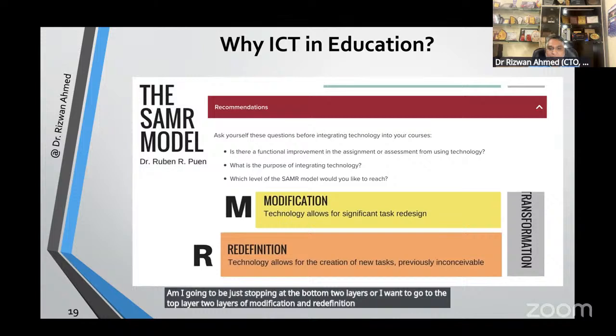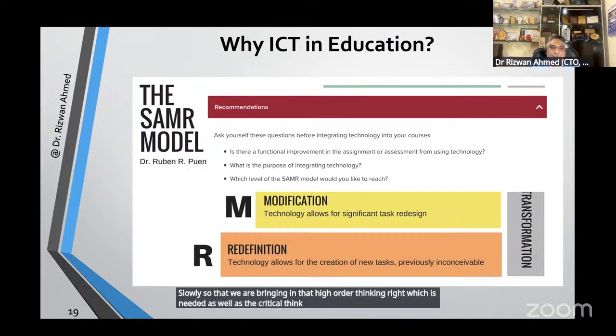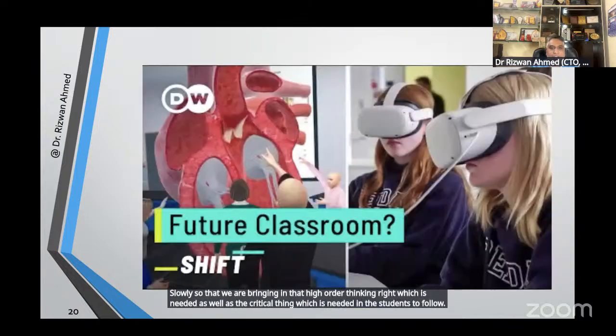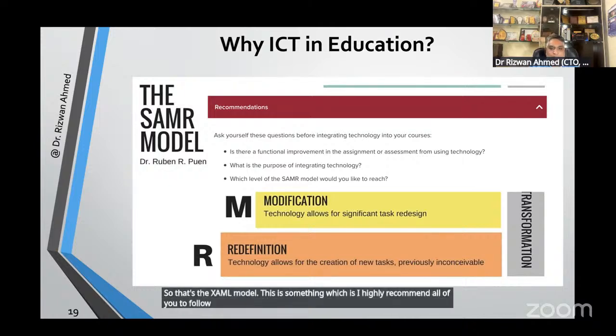So my suggestion is we should always start from the bottom of the ladder and go to the top levels slowly, so that we are bringing in the higher order thinking, as well as the critical thinking which is needed in the students. So that's the SAMR model. This is something which I highly recommend all of you to follow in your teaching learning process.